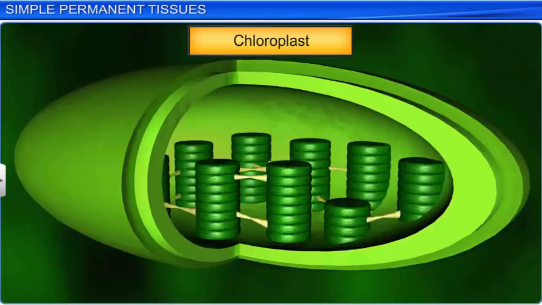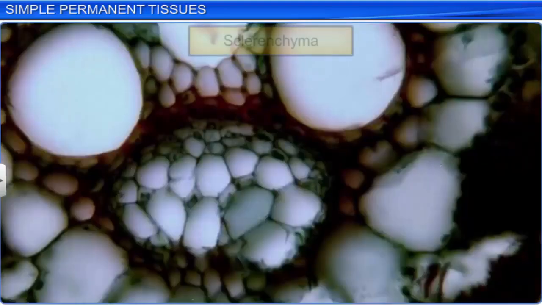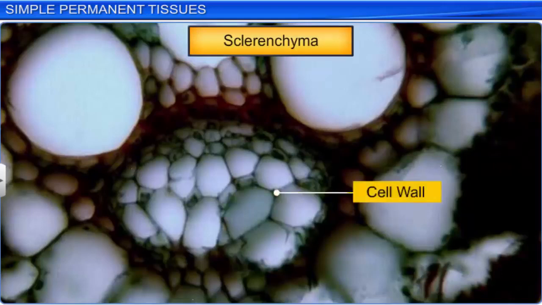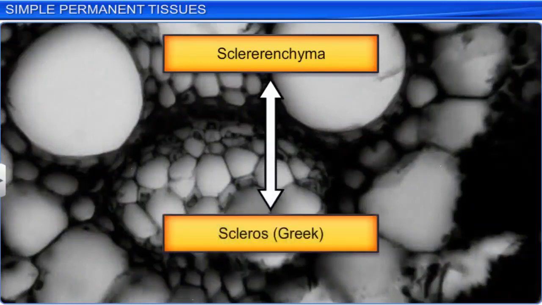The third type of simple permanent tissue is sclerenchyma, which consists of long, narrow cells with thick lignified cell walls. In fact, the term sclerenchyma has been derived from the Greek word skleros, which means hard. Sclerenchyma provides stiffness or mechanical support to plant organs.